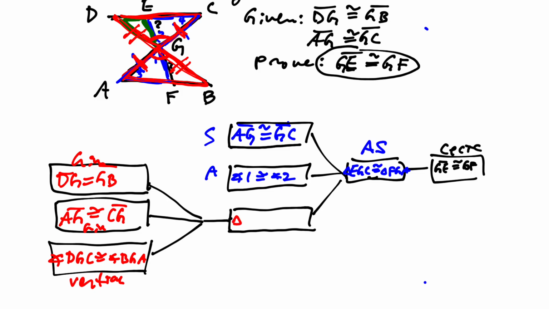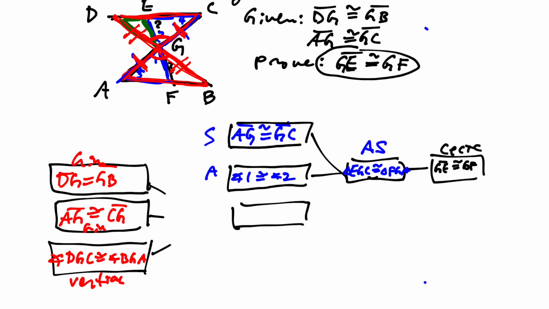So triangle DGC is congruent to triangle BG. I need to be a little more organized here. That's going to be the CPCTC, and that's going to be the triangle. Okay, sorry about that.